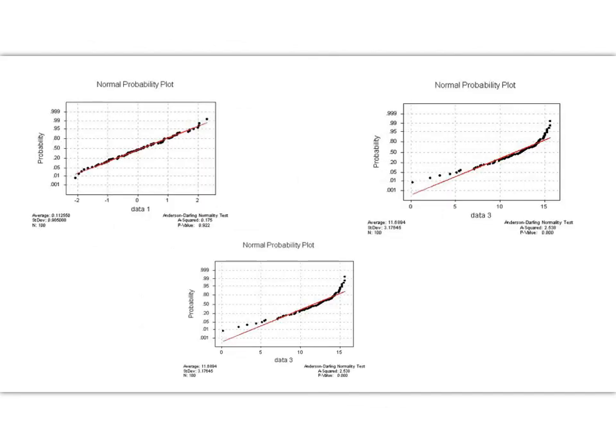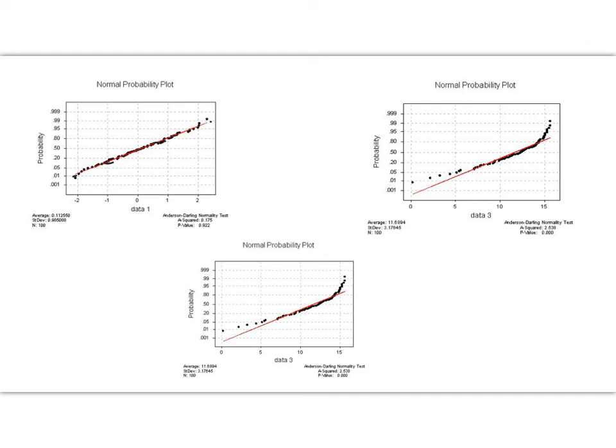Here's some examples of some normal probability plots. So these have a little bit more data. Okay, a lot more data. These have 100 pieces of data, but if you look at this first one, all the points are almost exactly on that line. I mean, there's a little bit of wiggle here and there, but nothing too big.